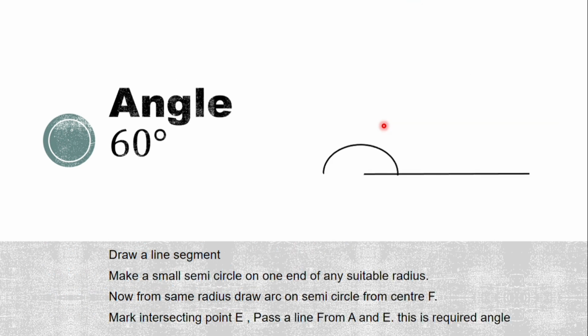The first and the most basic, as the first principle state, that if we have any circle and if we cut the arc of same radius, then we will have an angle of 60 degree.